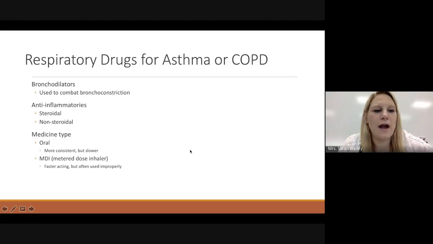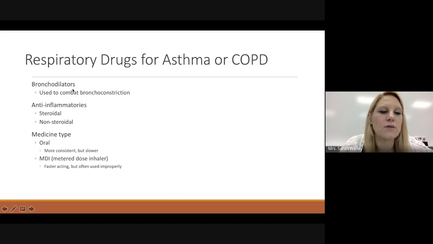So for respiratory drugs for asthma or COPD, you've got bronchodilators, used to combat bronchial constriction, and they can be steroidal. Then you've got anti-inflammatories, which can be steroidal or non-steroidal, and you've got oral medications as well. For some reason, I didn't put examples here, but you'll see examples in most of this PowerPoint, and some examples on your respiratory drugs list.